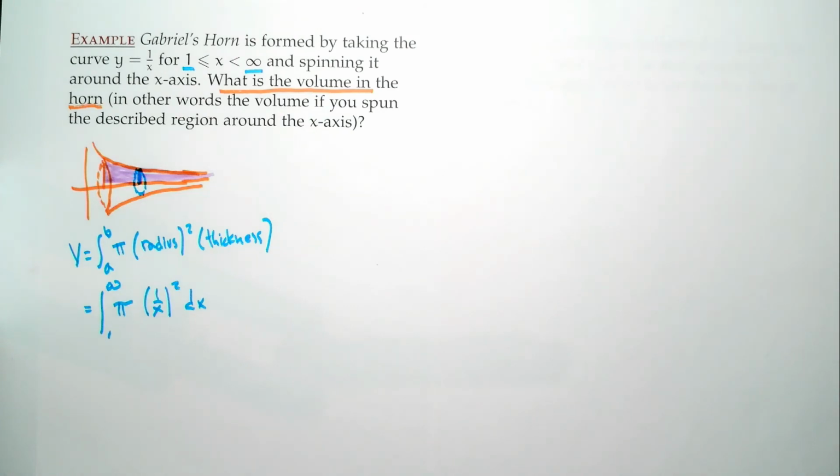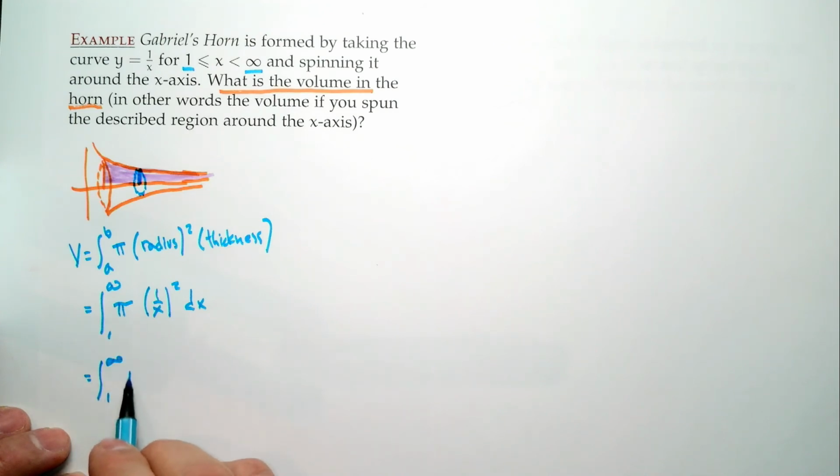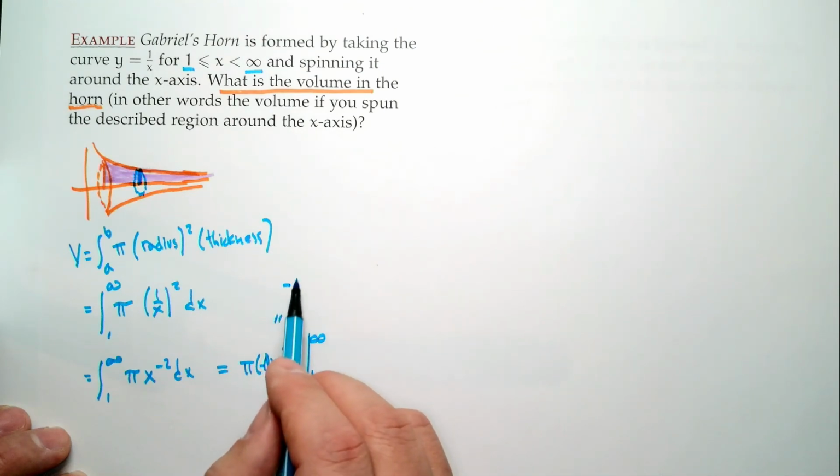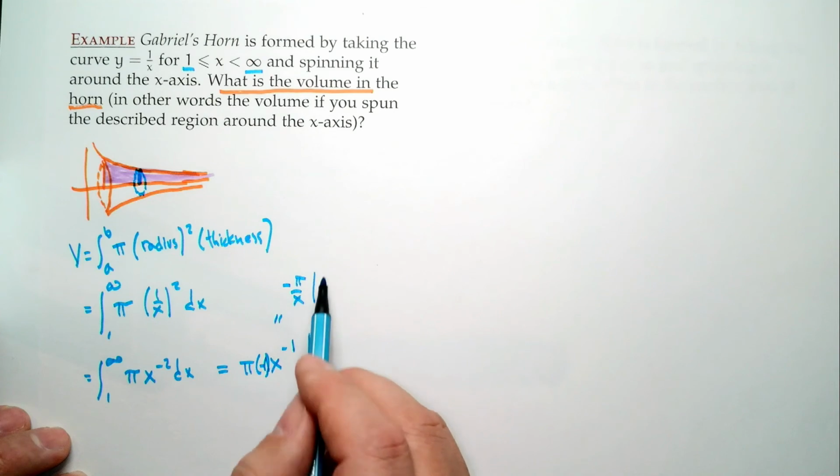All right, so what we have here is something that doesn't look so bad. So integral from 1 to infinity of pi x to the minus 2 dx. What's the integral of x to the minus 2? Yeah, so add 1 to minus 2, you get minus 1, and then divide by minus 1 in the front, same as multiplying by minus 1, and then we're going to evaluate from 1 to infinity. If you like, this is minus pi over x from 1 to infinity.